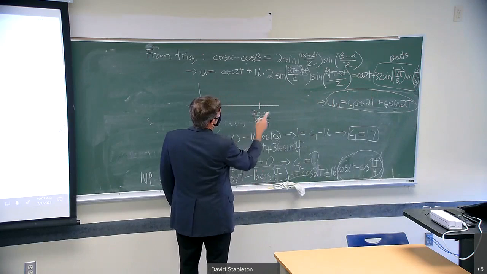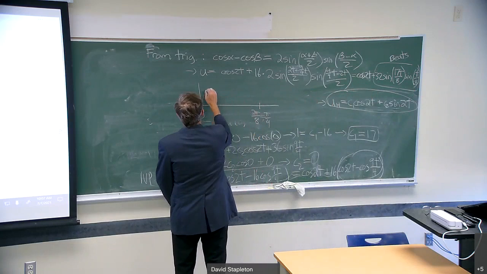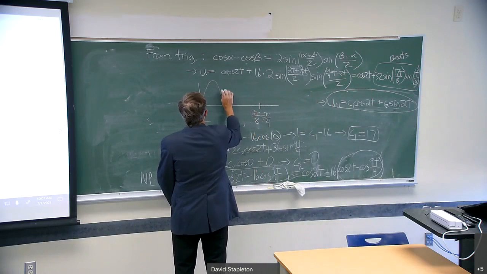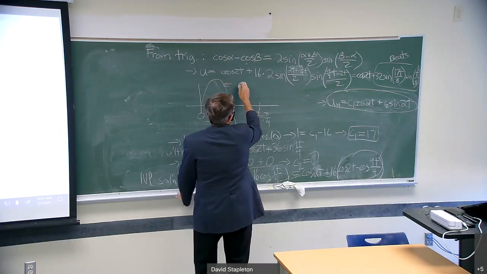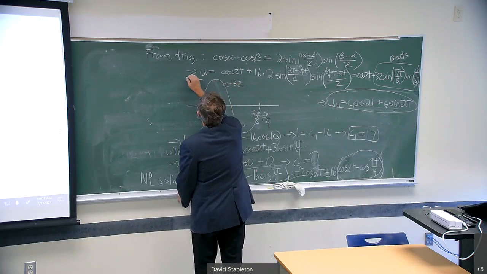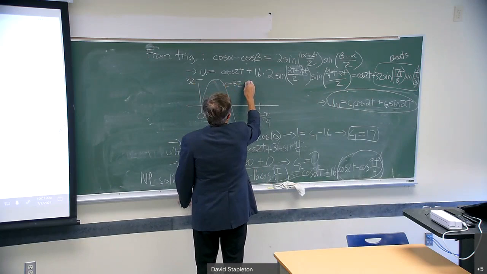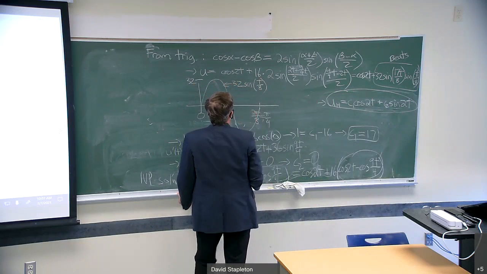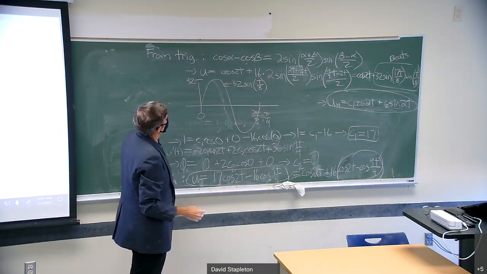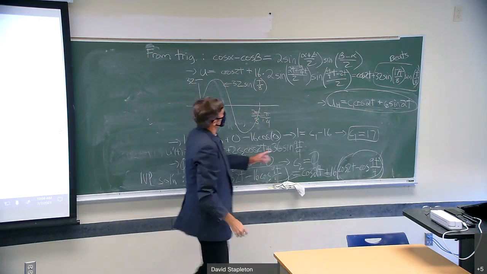And it looks like it has amplitude 32. This is the graph of 32 sine t over 8. Angular frequency 1/8. What does the product of these two look like?